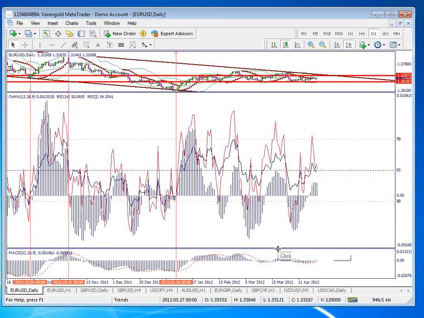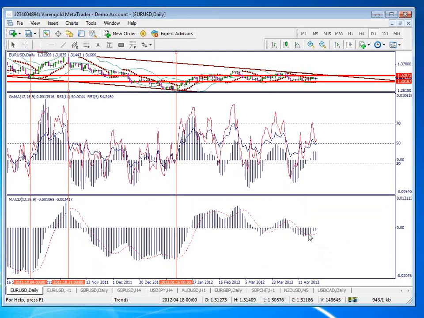I will check also the MACD to see what is happening. The MACD just has the signal for a buy. When the histogram of MACD is under the zero level and the bars start to be smaller and smaller and the red line is going out from the histogram, this is a signal for buy.